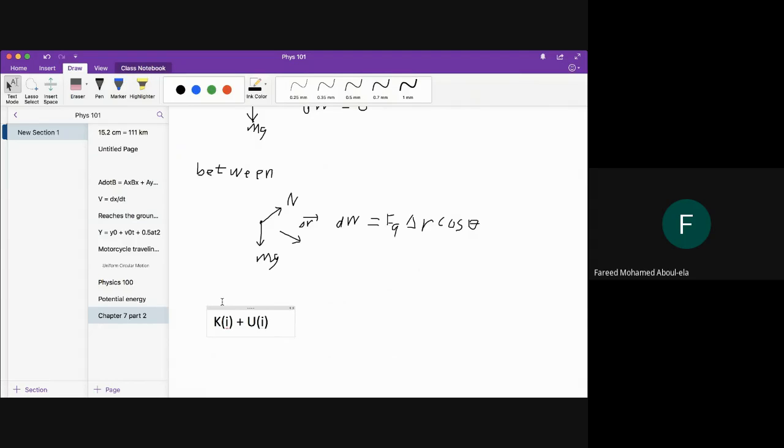Potential energy here is due to gravity. Equals the final kinetic energy plus the final potential energy.